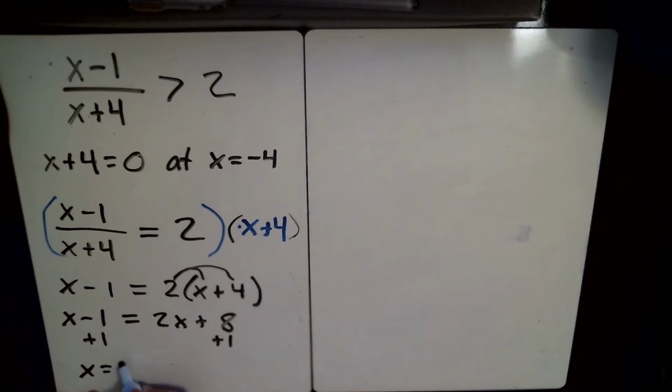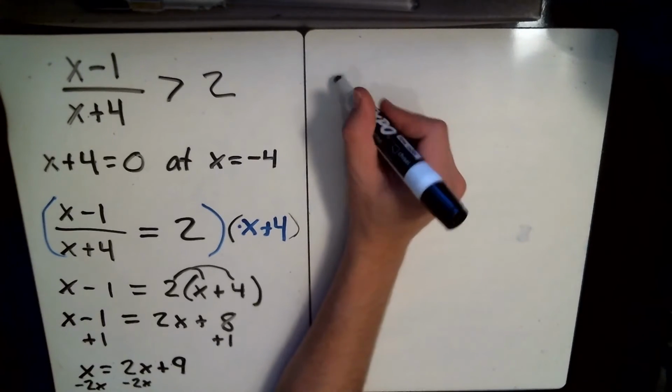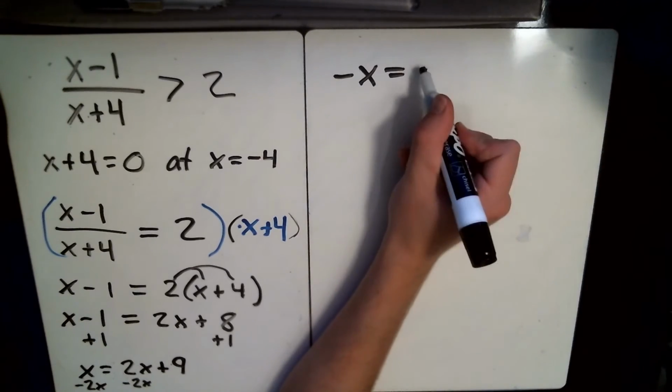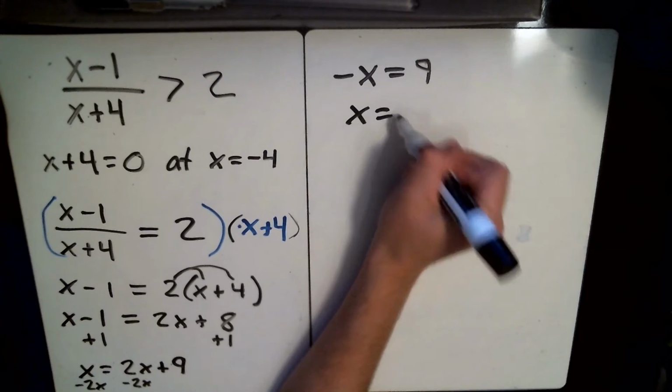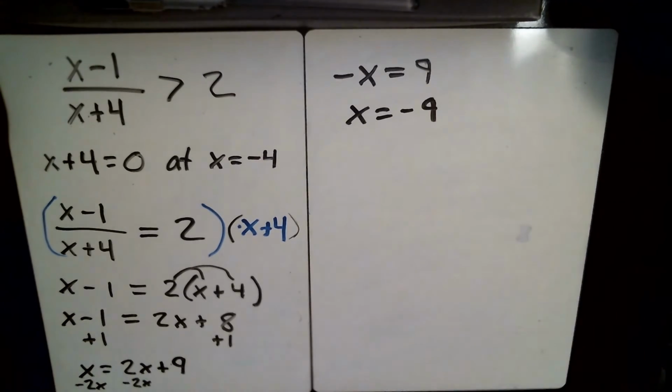And I get x is equal to 2x plus 9. And then I'll subtract the 2x from both sides to get rid of that 2x. So I get negative x is equal to 9. So then I'm just going to multiply by a negative through on both sides to get x is -9. Okay. So that's our other point.